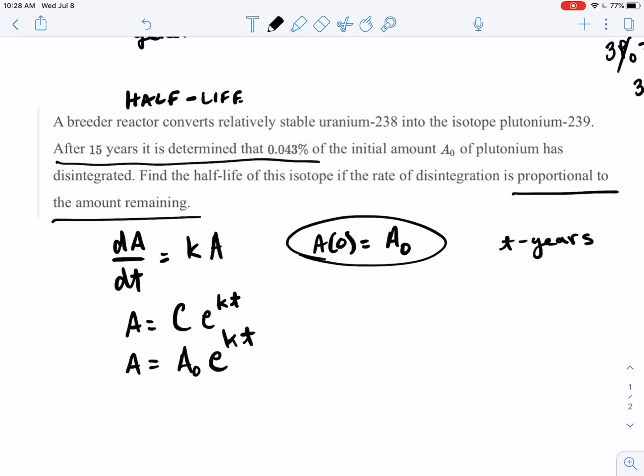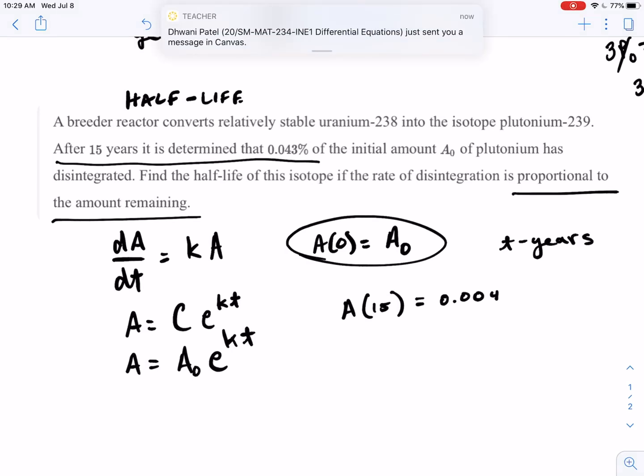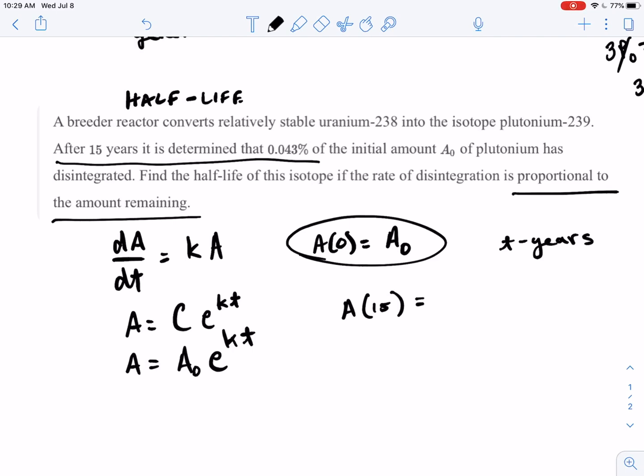So I'm going to say A of 15 is going to equal 0.004. I think I need another 0 though, right? Oh, and I'm wrong about that anyway, because it says of the initial value.